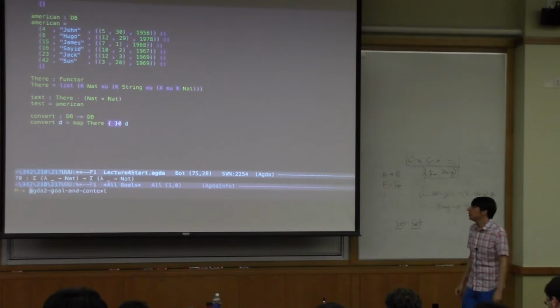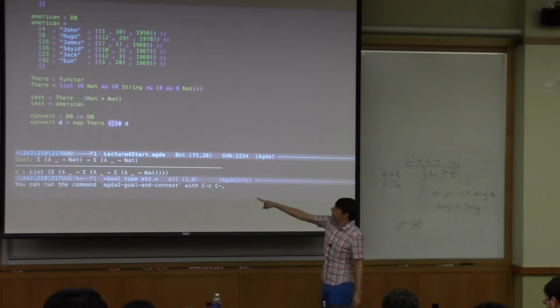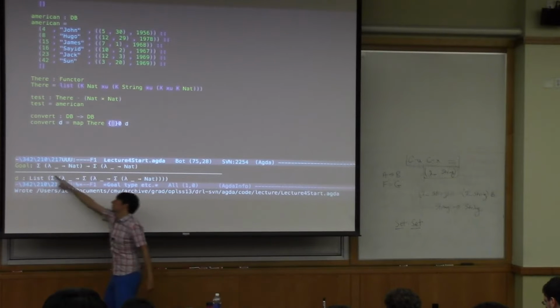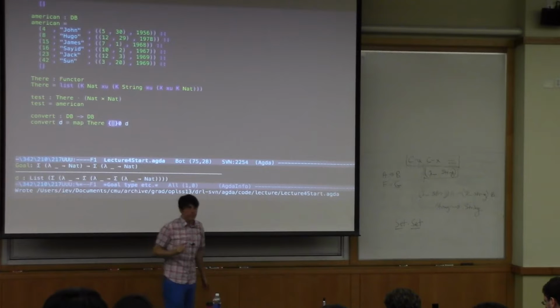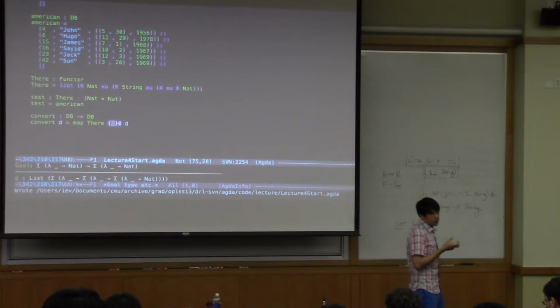OK. So we're going to use this functor there and map there something on D. And if we load that, then we see that what we need is a function from, well, you can't read the first component of the sigma, unfortunately, when it prints it out. But it's really nat cross nat to nat cross nat, right? Because we want to transform a day month into a month day.